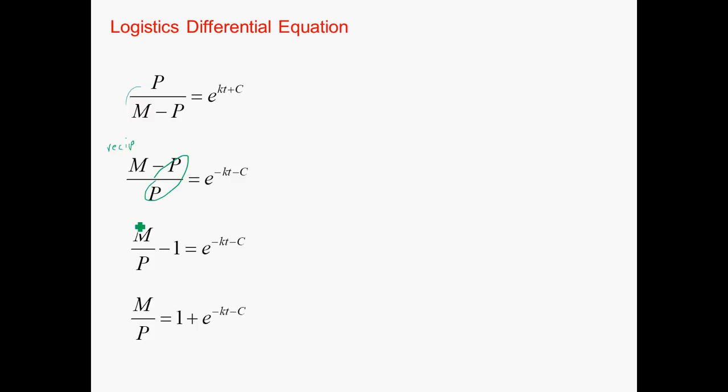I separated this, so I have M over P minus P over P, which is where I got this 1. Added the 1 to both sides, then reciprocated. So this is M over P, this is over 1.